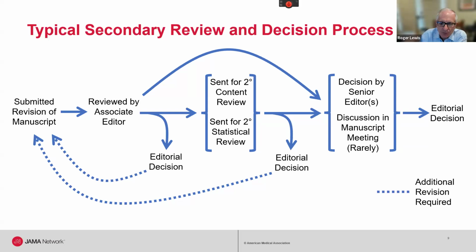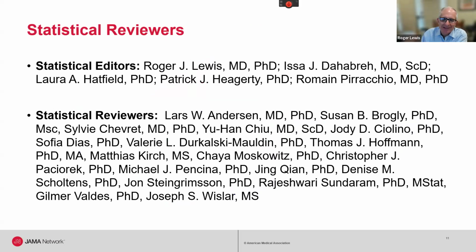So this kind of review process is supported by a lot of people. We have 5 statistical editors that have different areas of expertise. My area of focus is on clinical trials, but for example, Issa Dehabre at Harvard is an expert in causal inference from observational data, and the others have additional areas of different expertise.